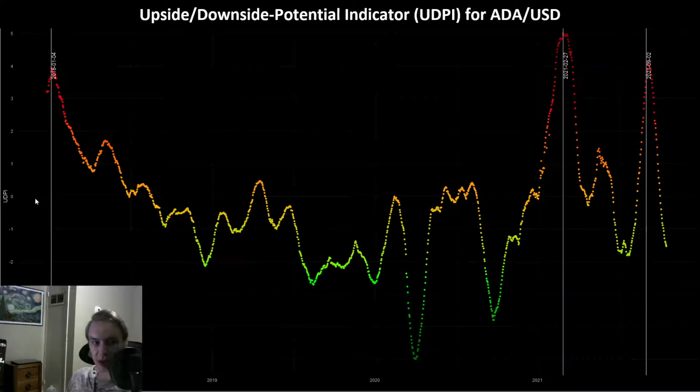And so, as I mentioned in my Bitcoin video, and go back and look at that video if you want a little bit more detail about this approach, you can use the UDPI as the basis for when you should be buying versus when you should be selling the asset. So, as you get higher and higher up on the UDPI levels, and then peaking out at this 4 to 5 level, you might want to start selling off in incremental amounts your, in this case, your ADA.